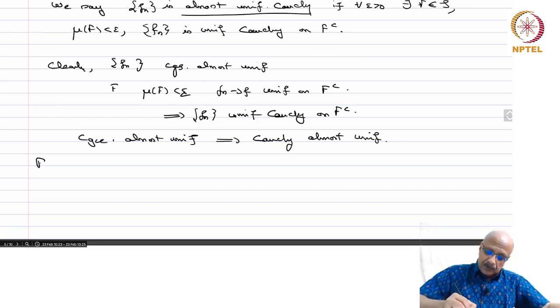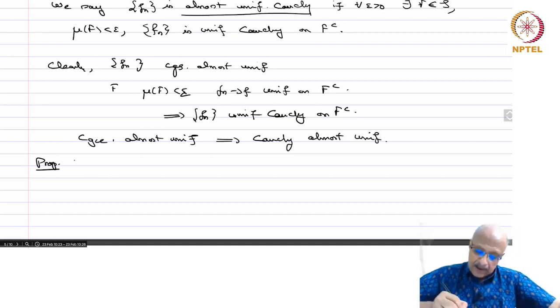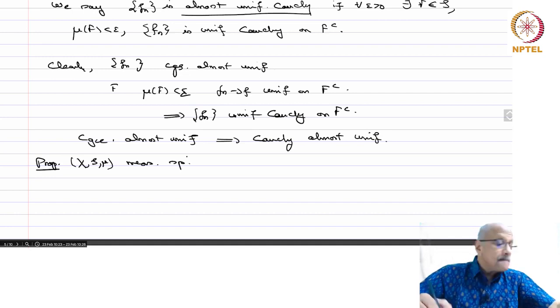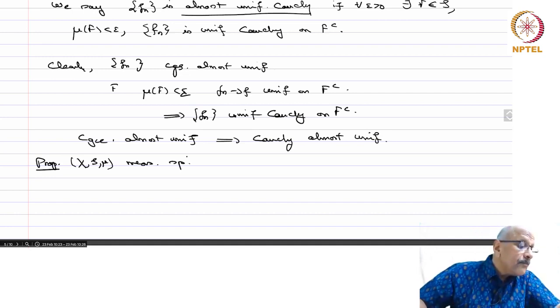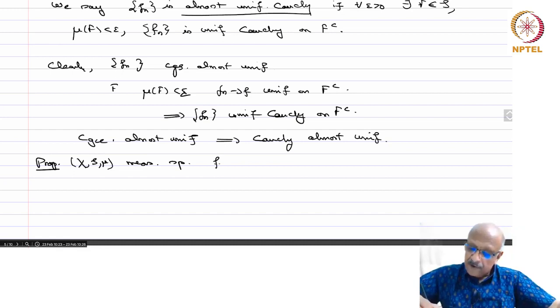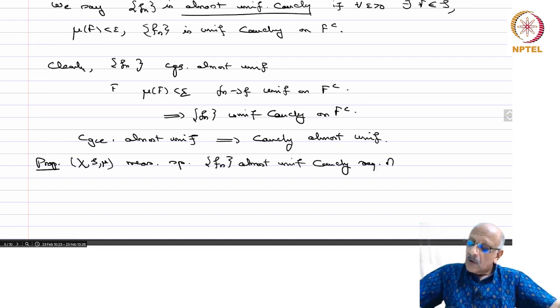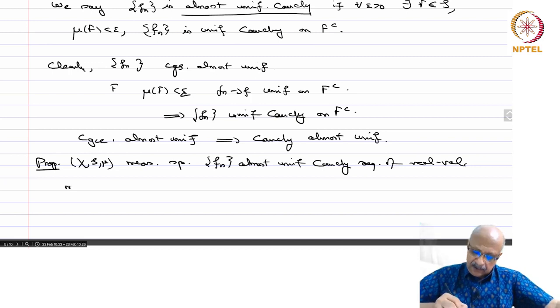So proposition: let X, S, mu be a measure space, f_n an almost uniformly Cauchy sequence of real valued measurable functions.